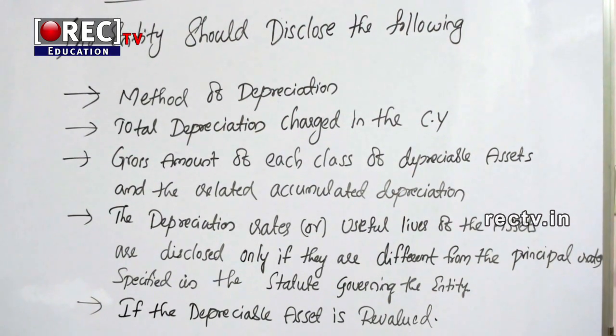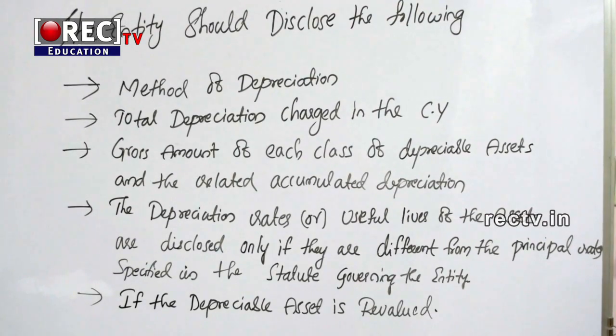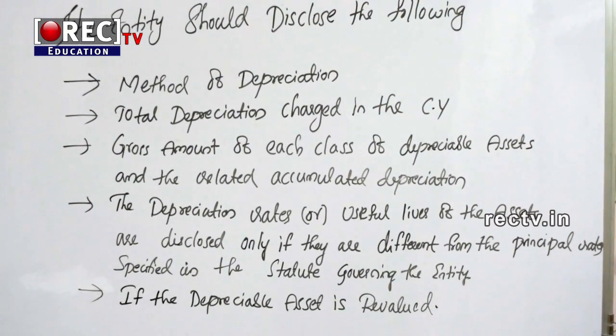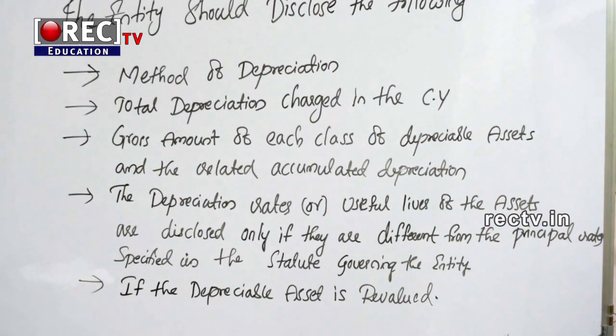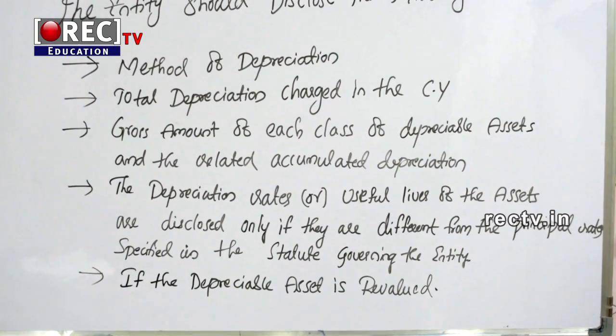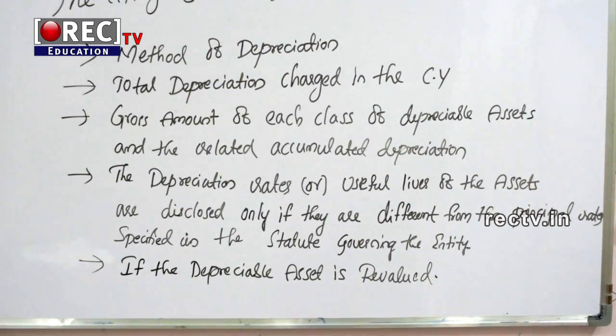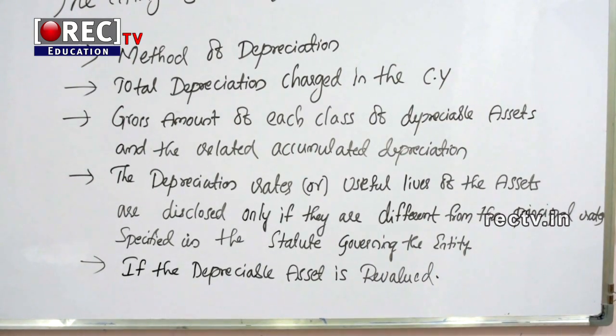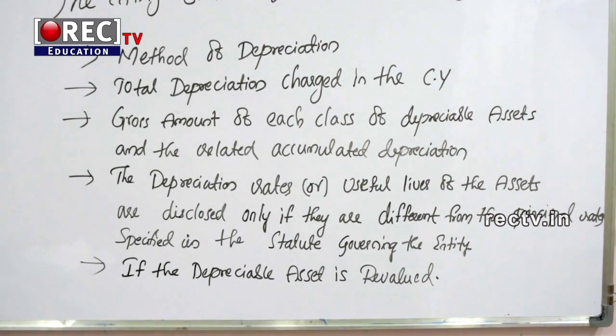And the next is the depreciation rates and useful lives of the assets, which are to be disclosed only if they are different from the principal rates specified in the statute governing the entity. And if the depreciable asset is revalued, we have to disclose the amount of depreciation based on the revalued amount and other necessary disclosures.